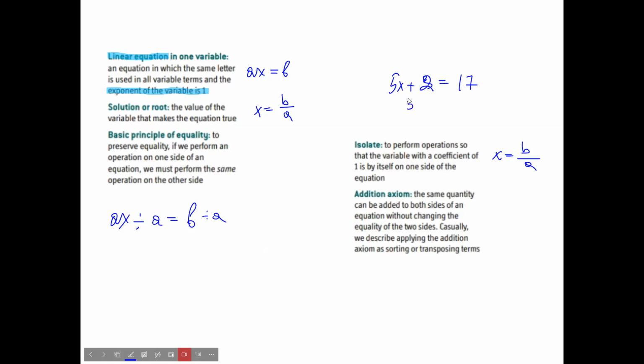So 5x plus 2 equals 17. Actually, addition axiom, the same quantity can be added on both sides. So what do we add? Minus 2, right? So plus 2 plus minus 2, 17 plus minus 2. So 5x equals 15. And x equals 15 over 5.